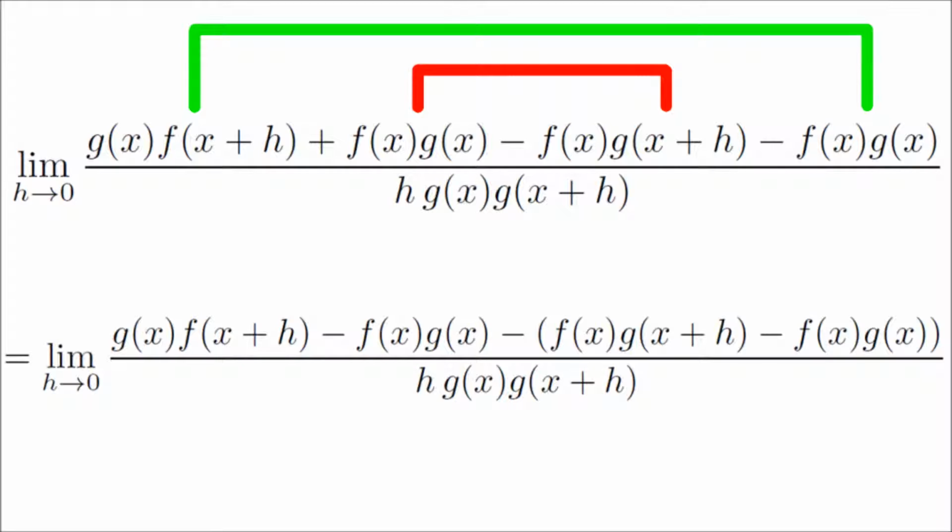If we group the green and red terms next to each other, flip the order of the red terms, and parenthesize the red group, knowing that subtracting minus f of x times g of x is the same as adding f of x times g of x, we get the expression on the bottom.